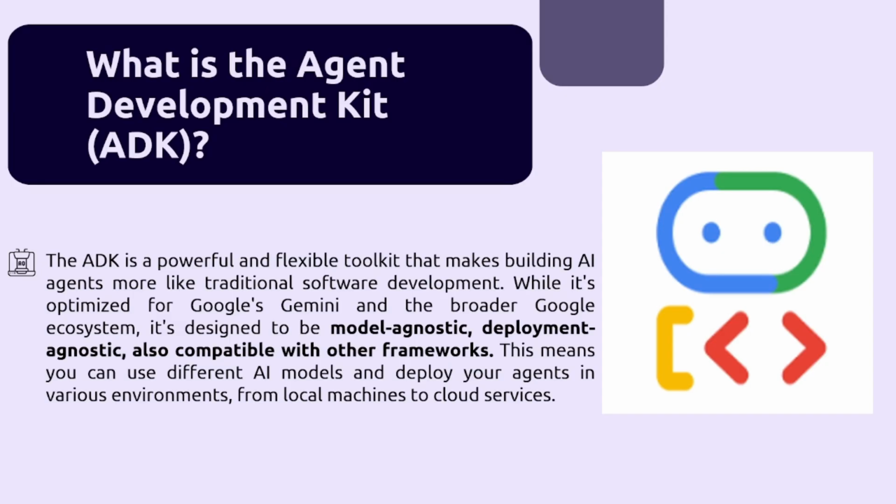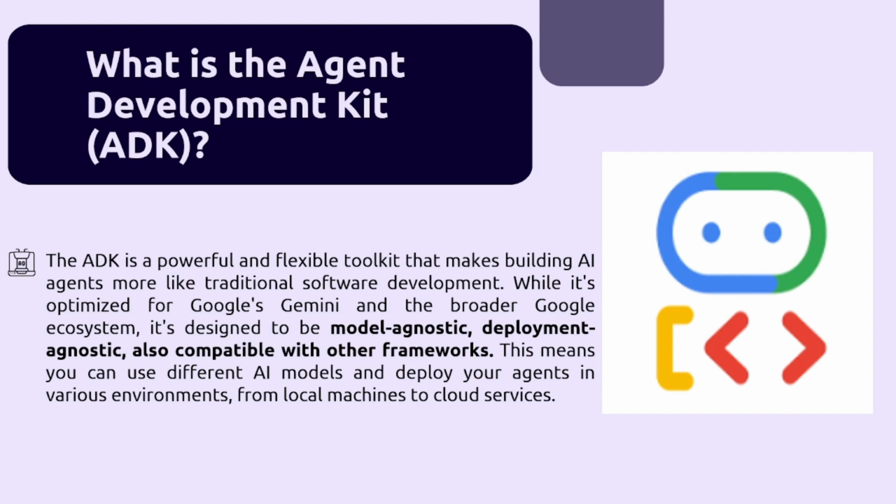Now, let us understand what is Agent Development Kit. Think of ADK as a flexible and modular framework for building AI agents. So, what do you mean by modular framework? It may mean that it's built in separate independent modules that can be combined or swapped without affecting the entire system.